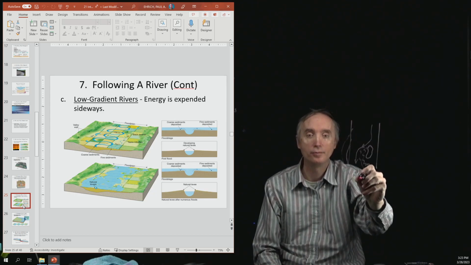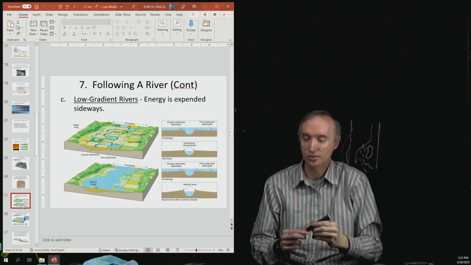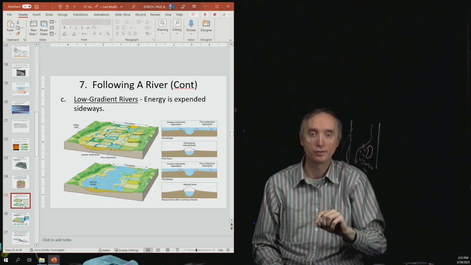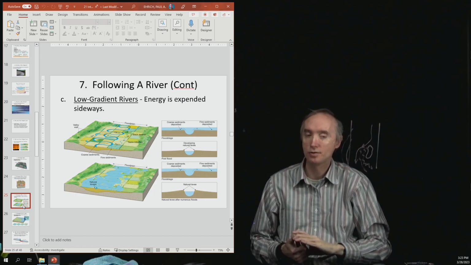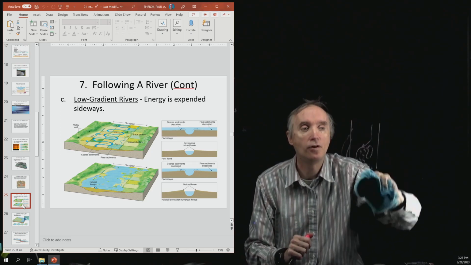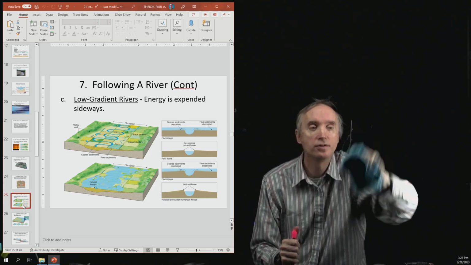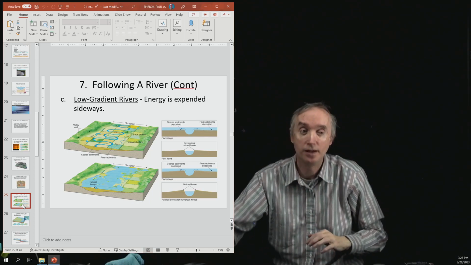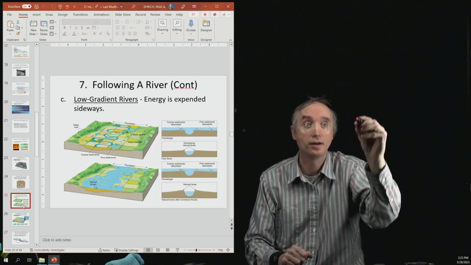And so what will happen is that eventually this straight river is going to begin to meander. And sometimes it's going to meander so much it's going to cut itself off. So it turns out that once you get these meanders going, they keep getting bigger and bigger and bigger.